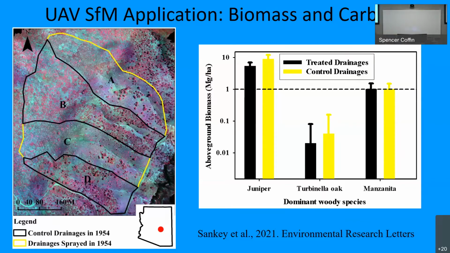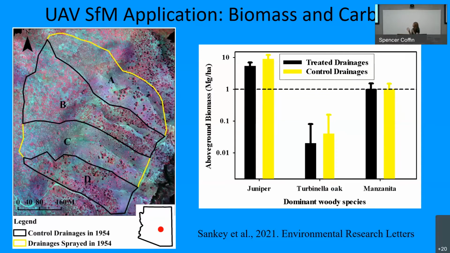Then I can convert that to net above ground carbon accumulation. And here, what we see is that 60 some years later, the treated watersheds have significantly lower woody biomass per species, and therefore also significantly lower total carbon.